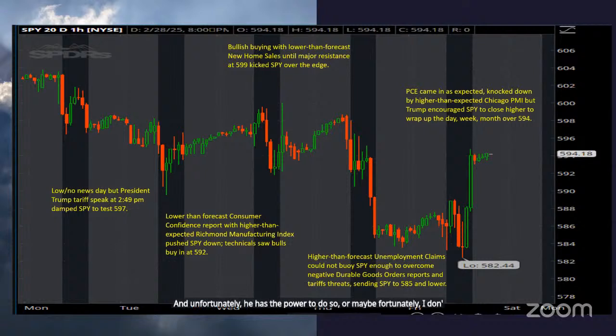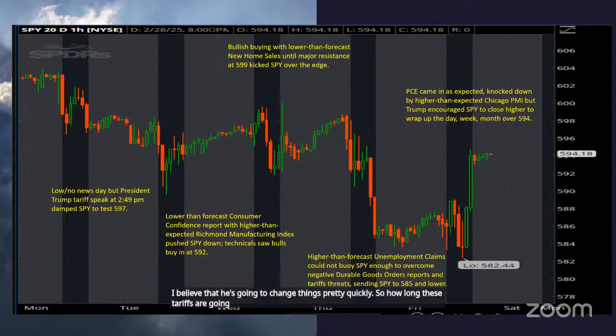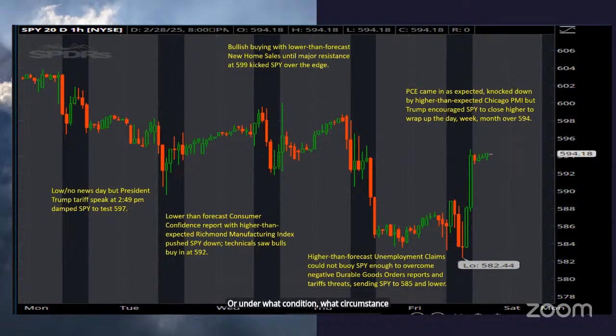But here's the thing: I believe that if and when the situation worsens in the economy, he's going to change things pretty quickly. So how long these tariffs are going to be in effect, or under what circumstance, or how they're going to play out, I think that is to be seen.